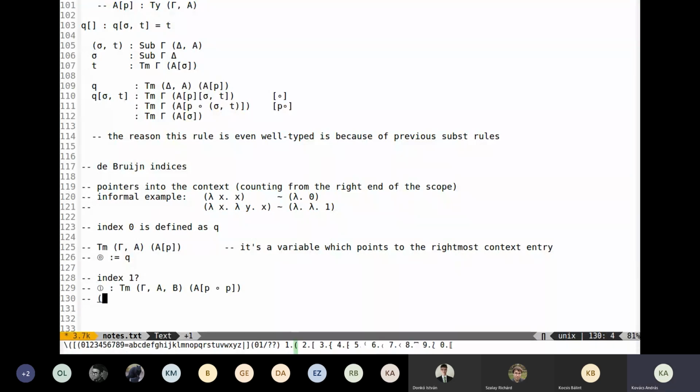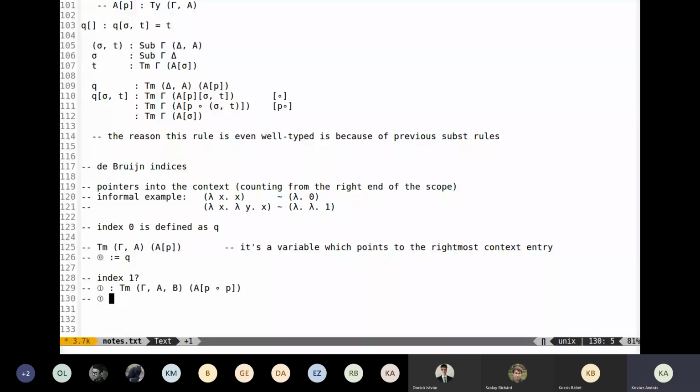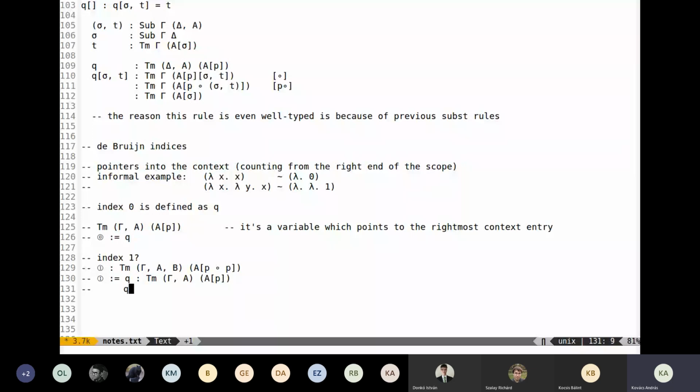How can we define this? We already have Q, and as a first step, we can use Q to get a term from gamma A to A. But this isn't really what we want because we want to skip over this B. But we can use a substitution of Q with the P to do that.